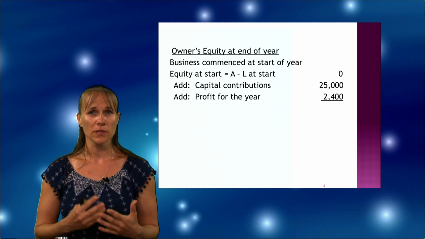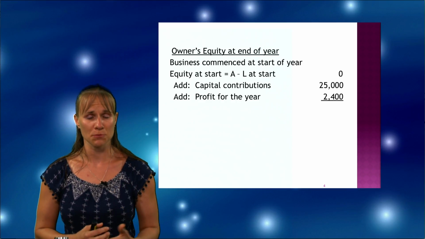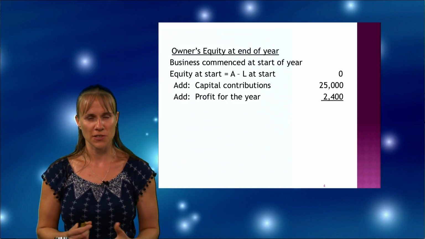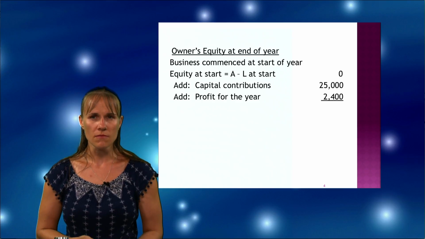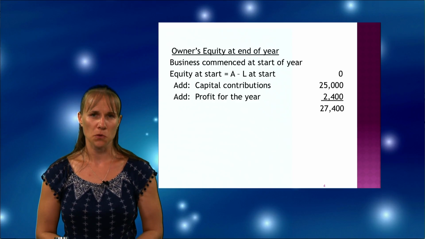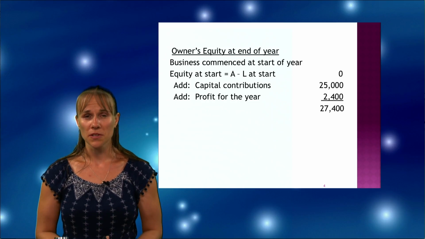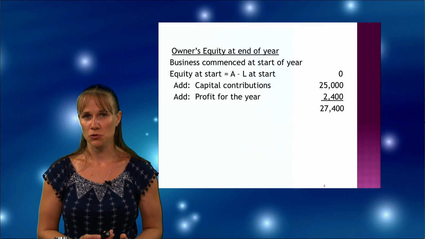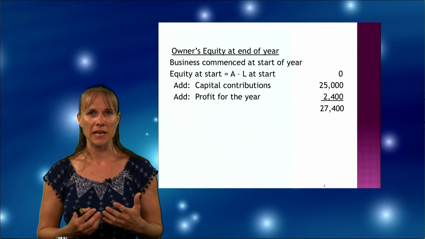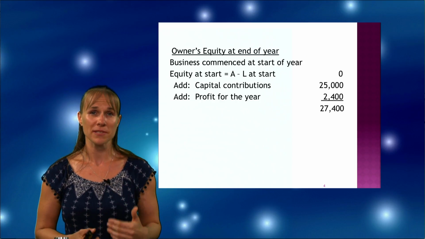From here, we also know that she made a profit of $2,400 for the year. So we want to add that profit in because remember, profit belongs to the owner. So you've got to add it in. Subtotal, we get $27,400. From this point, we know that there's been some drawings. So drawings is where the owner, I guess you could say, has been paid back some of the money that is owed to them from the business.